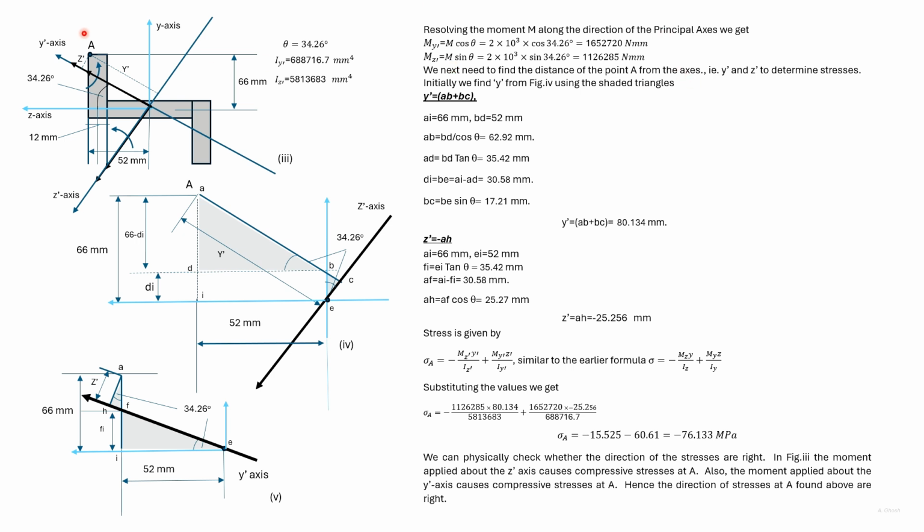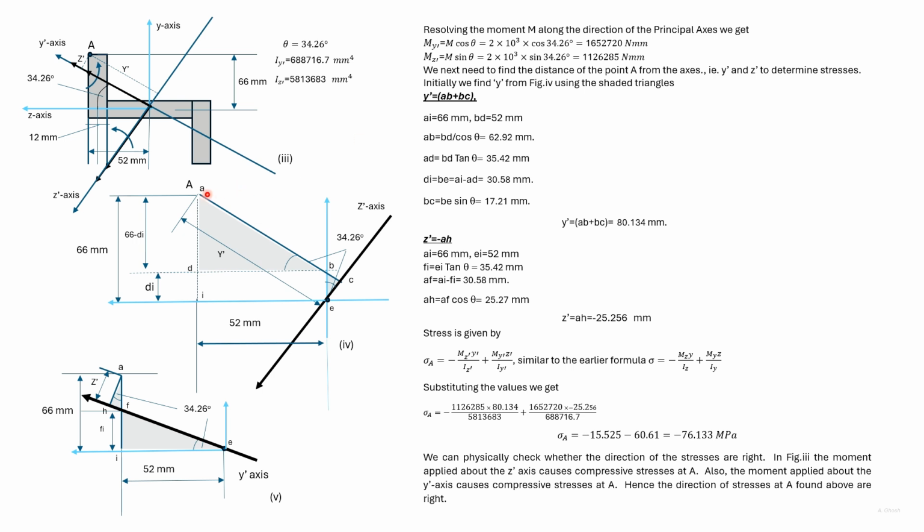To find the stress at point A due to the moment Mz dash, we need the ordinate y dash. And to find the stress at point A due to My dash, we need z dash. So now we'll find out y dash and z dash.